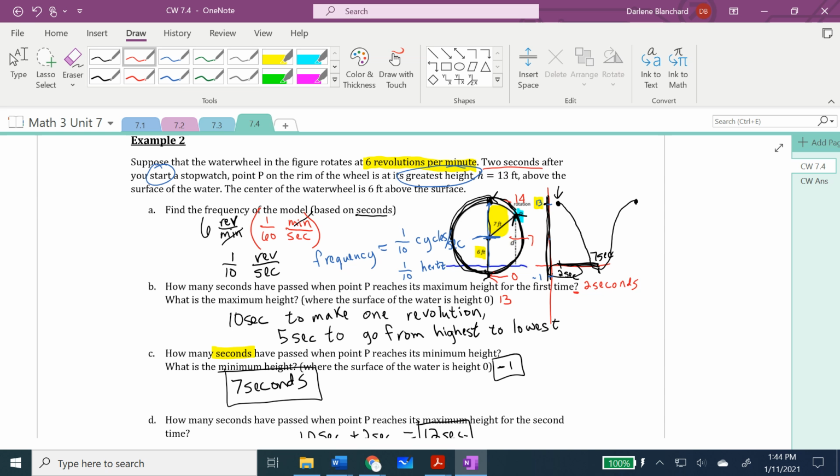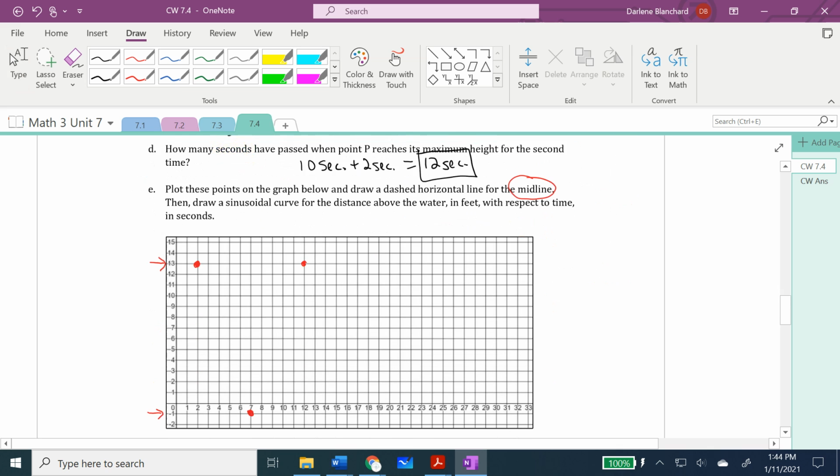But sometimes, again, that vertical shift and horizontal shift is actually easier to deal with in the end. So what I did was I looked at if this low value is 0 and the high value is 14, then the midline is 7. But with everything moved down 1, that means the midline is 6.